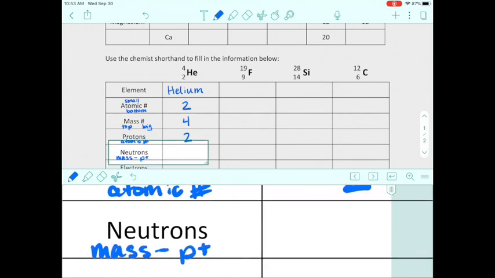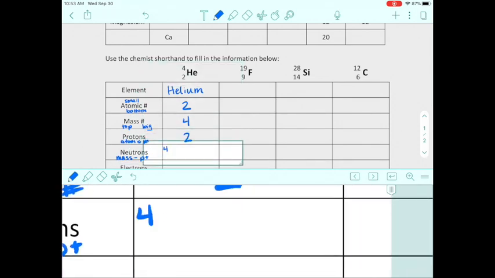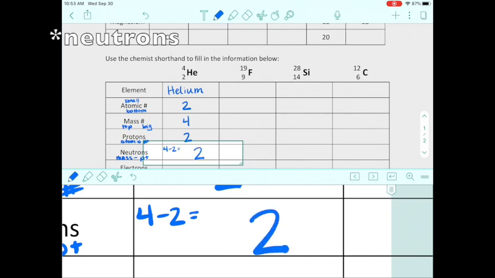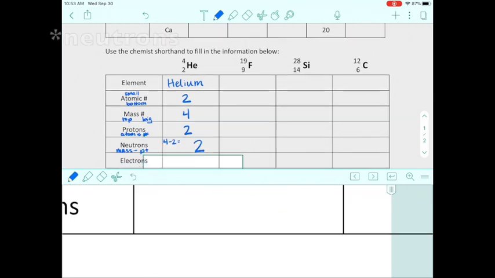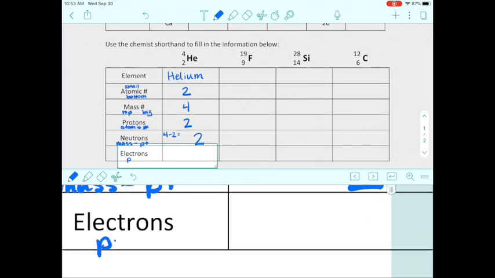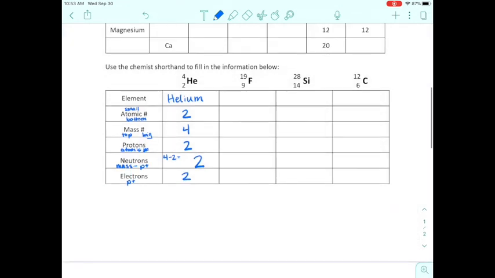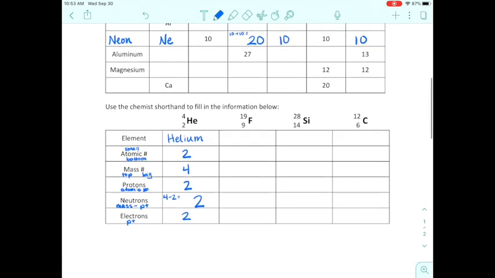Mass minus atomic number. So you're just going to subtract your 2 numbers up here. So 4 minus 2. So neutrons are going to be 2. And the electrons are also the same as the protons for now. So that is also 2. All right, so you have the other 3 to finish up, and let me know if you have any questions.